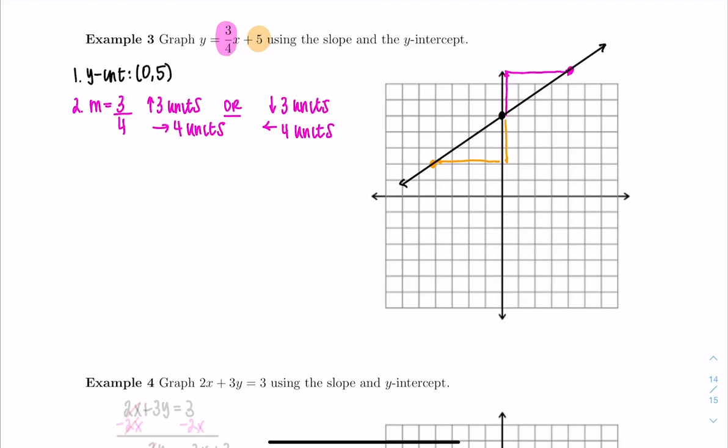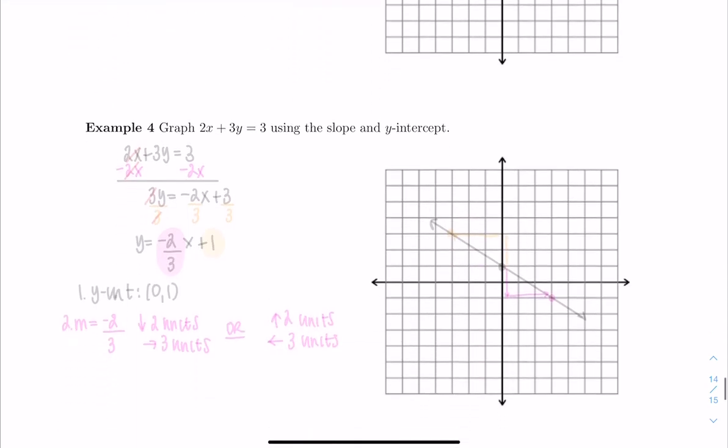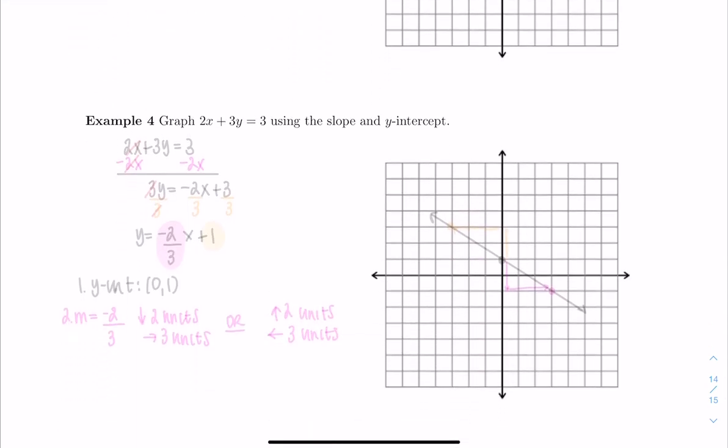And for the last one, it's asking us to use the slope and the y-intercept, and this is not in the correct form to do that. So we need to transfer it to y equals mx plus b. So we need to solve for y. So we're going to subtract 2x from both sides.